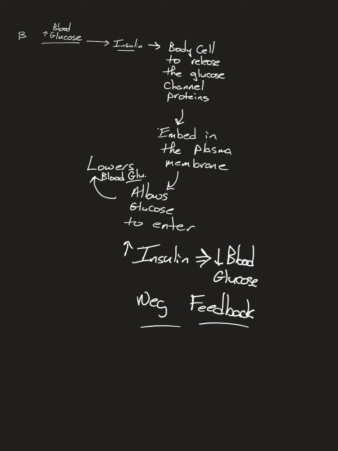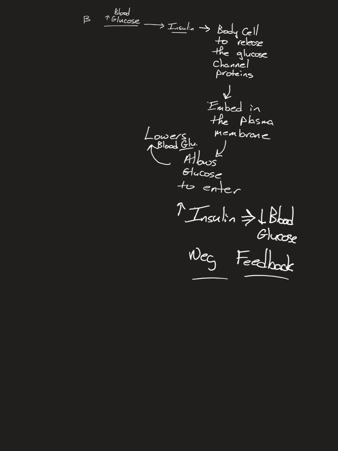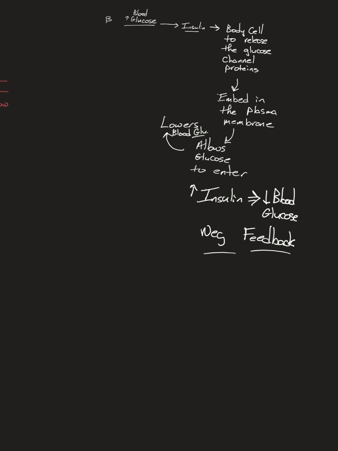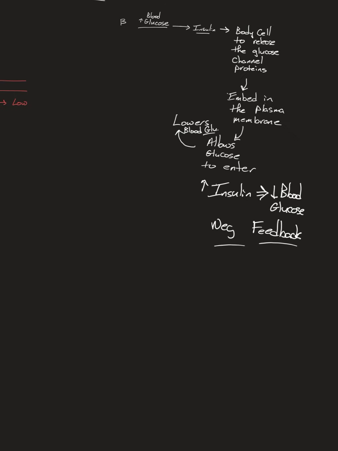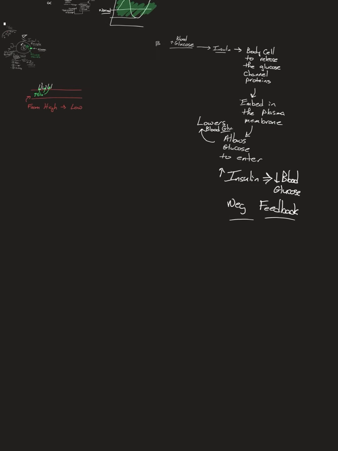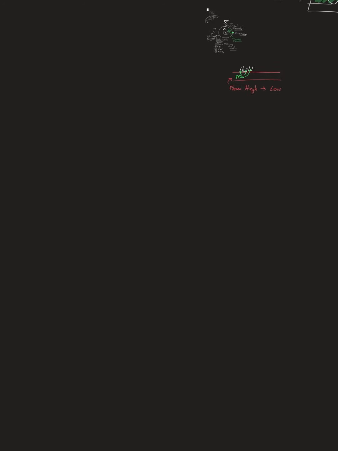That blood insulin then goes around, attaches to receptors at the body cells that then stimulate the release of glucose channels, which then embed into the plasma membrane and allow glucose to enter the cell, therefore leaving the blood. Right? Entering the cell means it's leaving the blood, so increased insulin decreases blood glucose. Again, we call this a negative feedback.